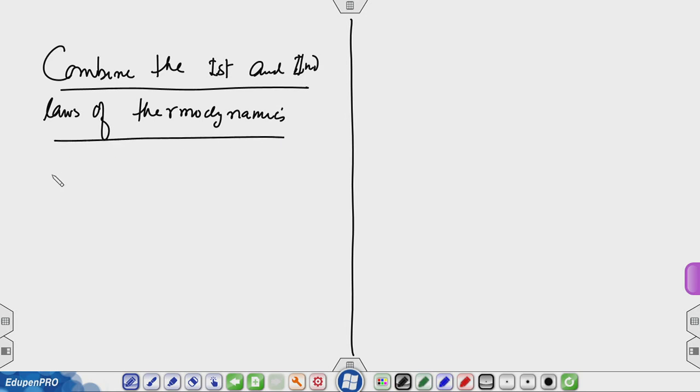Now, first law says that if you undergo a process, then dq is equal to du plus dw. dw is also path dependent.